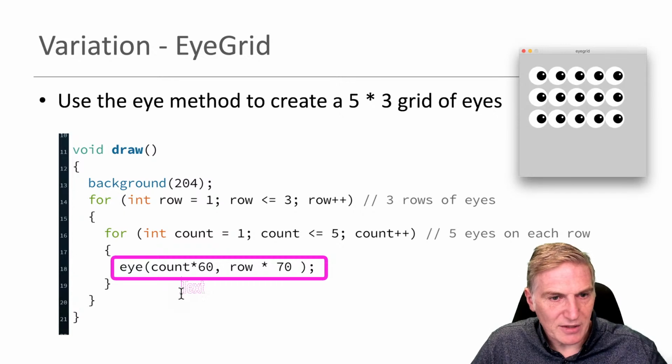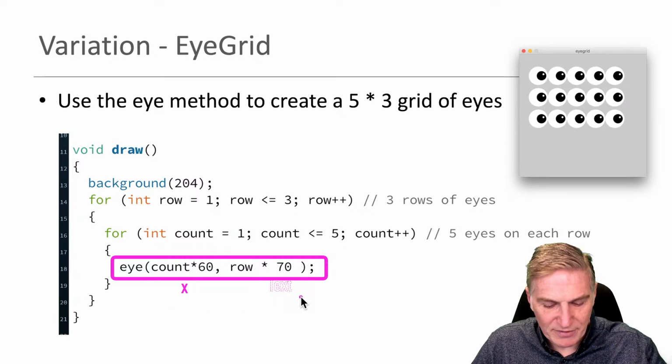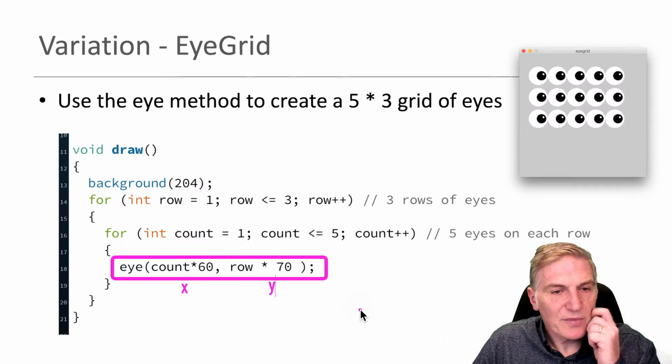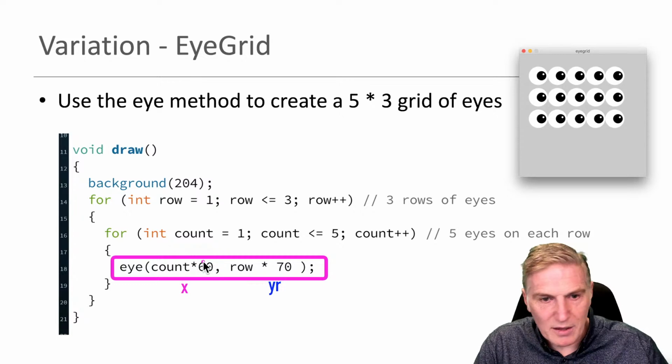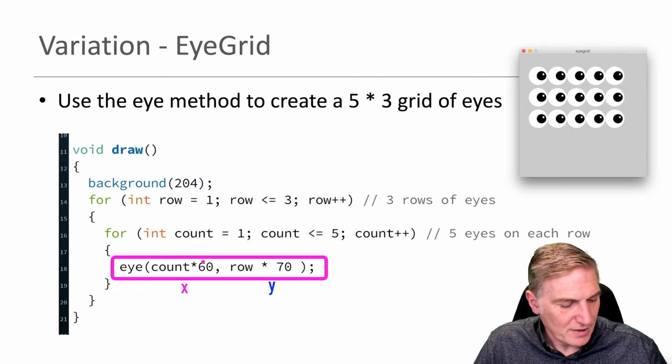The first value is the X coordinate, and the second value is the Y coordinate. Apologies for that. Let's get that going again.